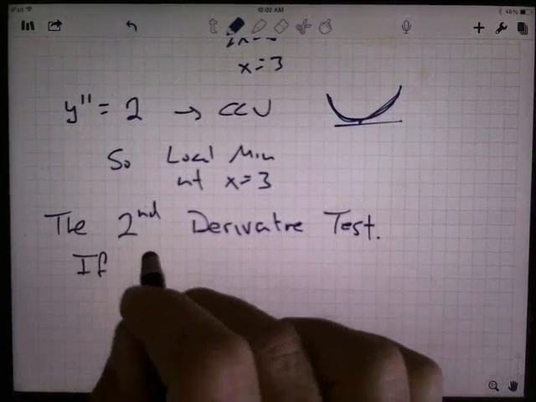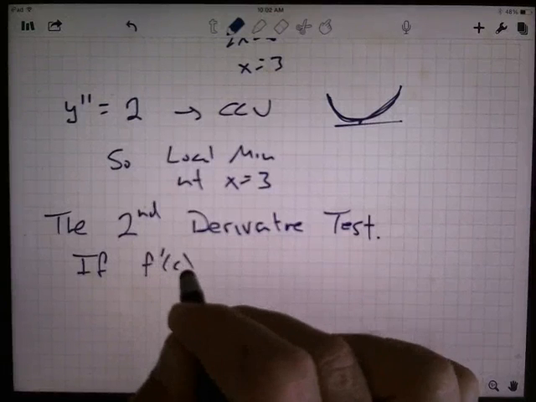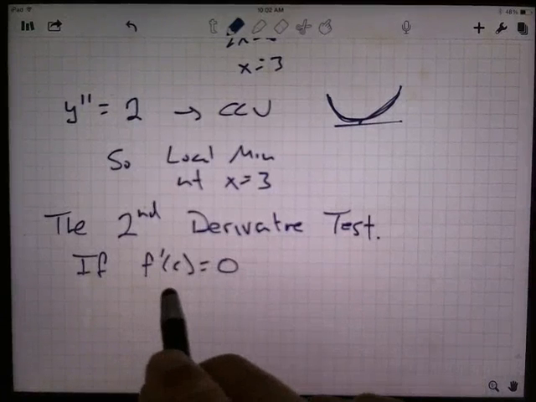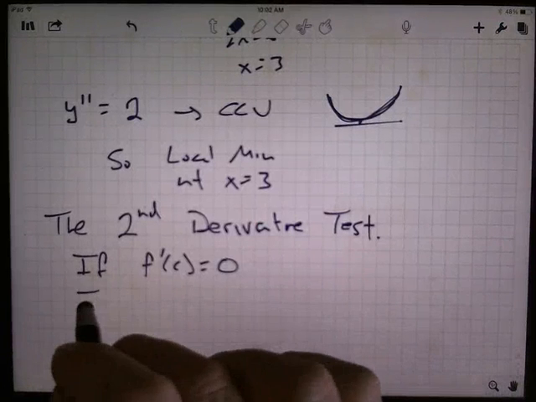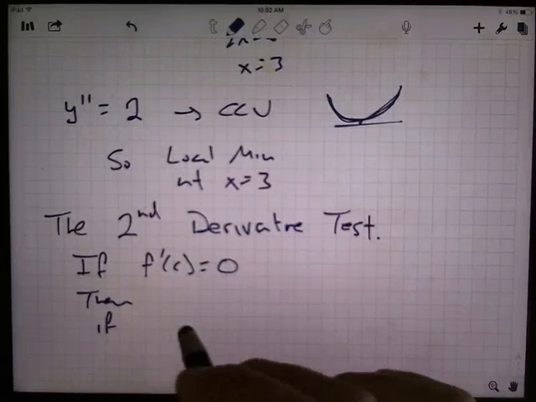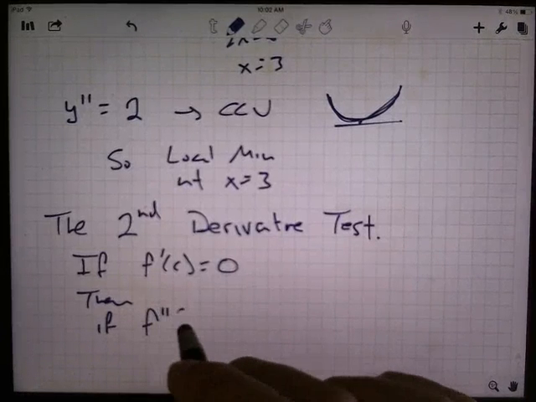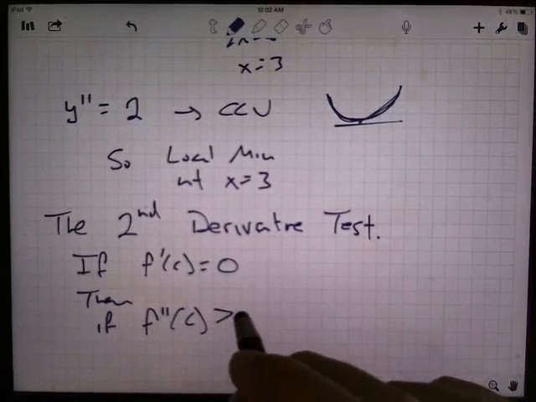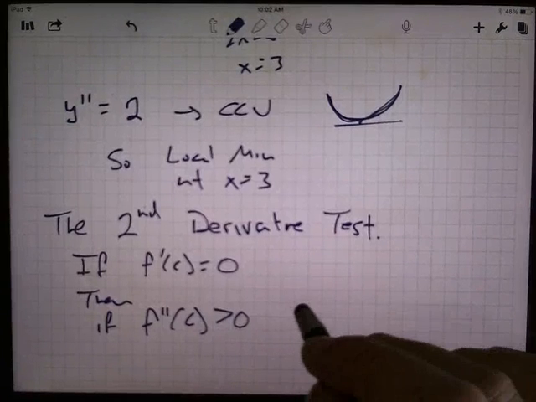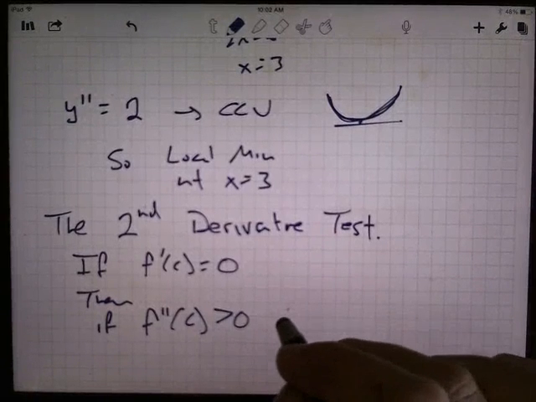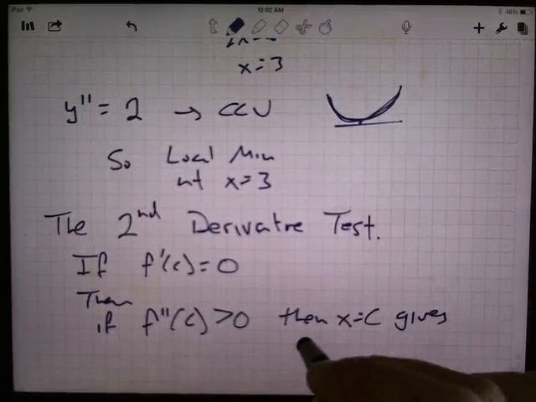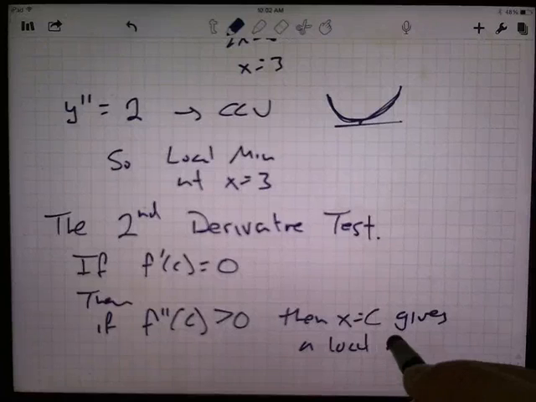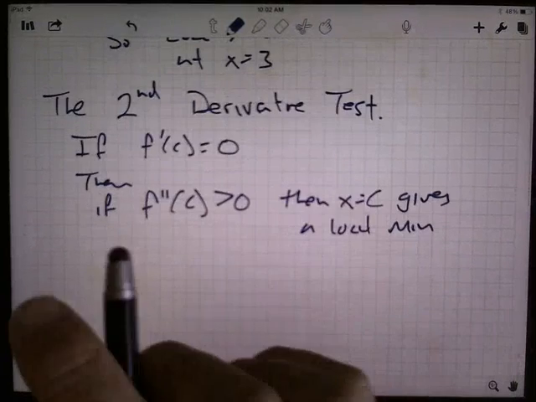First of all, if f prime of c is equal to 0, so let's say you're at a critical point, then if f double prime of c is positive, just like we had here, then x equals c gives a local min, right?